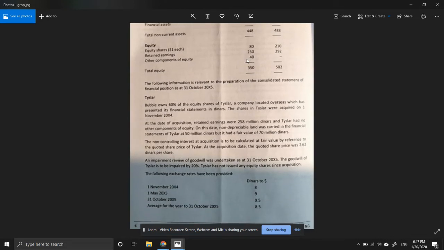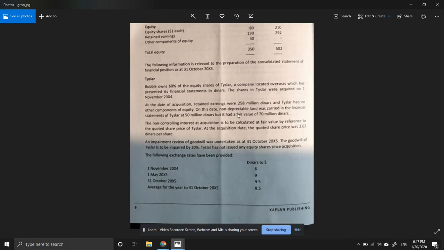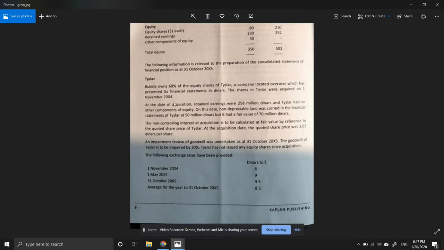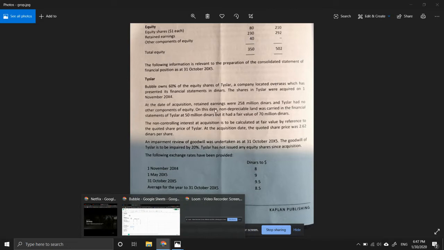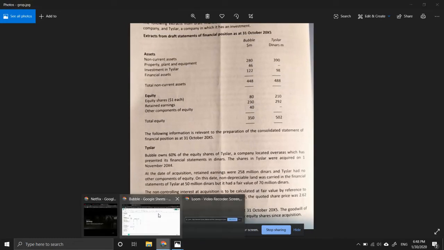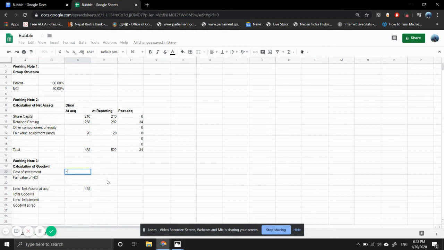So 46 million into 8. Right, so 1st November, isn't that the acquired date? Yep. So it's 46 into 8, 368 million, right?